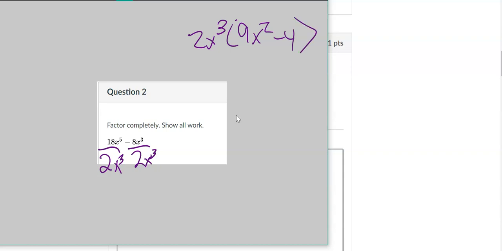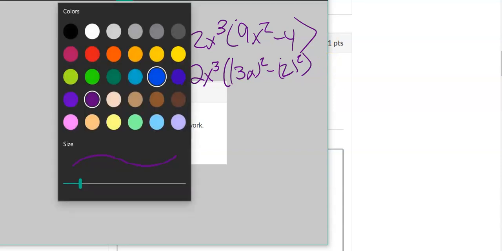Notice 9 and 4 are both perfect squares, so I can choose to rewrite this as 3x squared minus 2 squared. This follows the difference of squares pattern that is written up on the board if you're in the classroom, or if you're online.